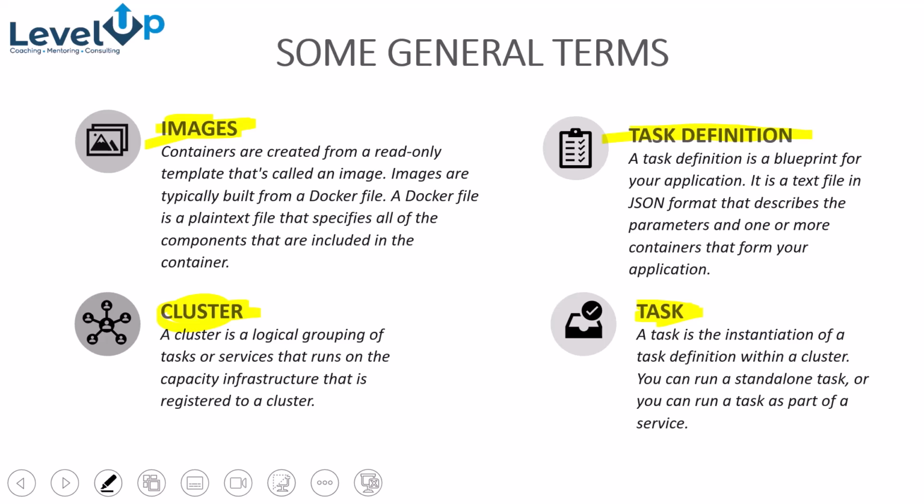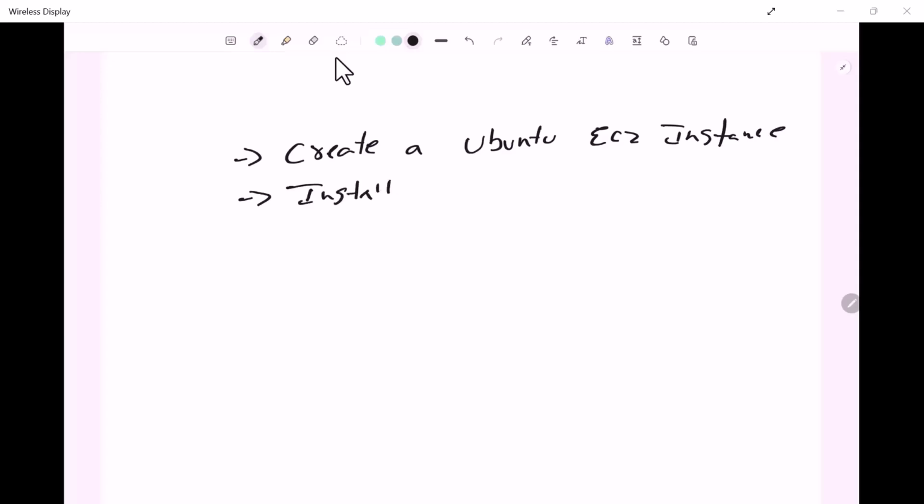All right, these are the different terminologies on ECS. Now let us do one hands-on exercise, and let me tell you the steps involved. Step 1, we will create an Ubuntu EC2 instance, and then we will install Docker on it.